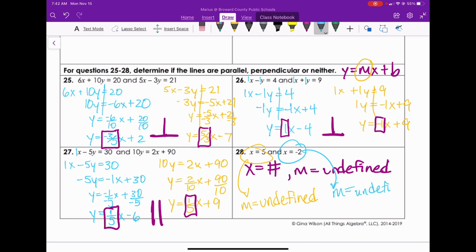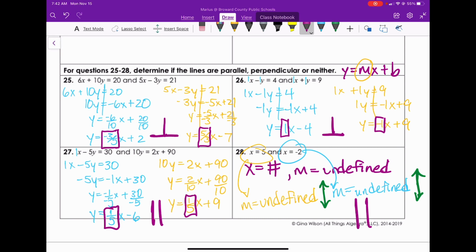Now, if they're both undefined, that means the slopes are the same. Undefined lines have what we call, they are vertical lines, okay? So any line that has an undefined slope is a vertical line. And once again, if the slopes are the same, then they are parallel. So number 28, those two slopes are parallel.